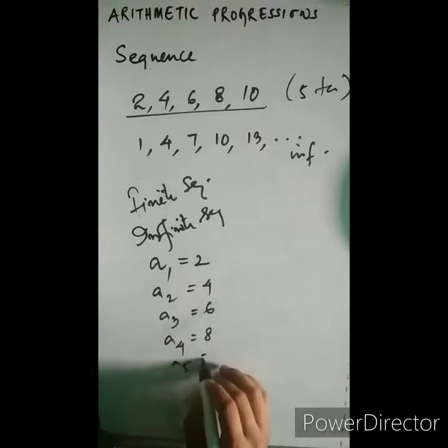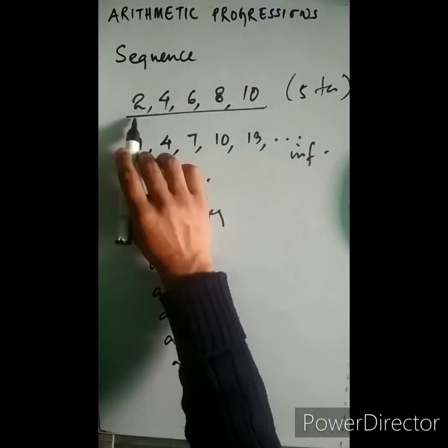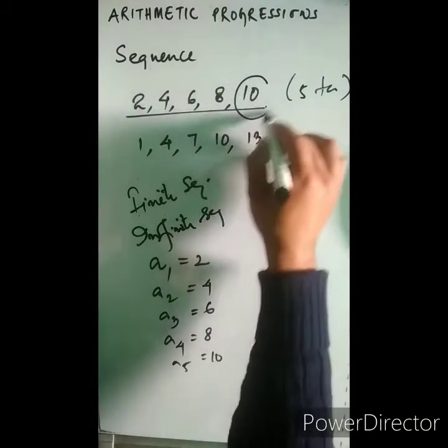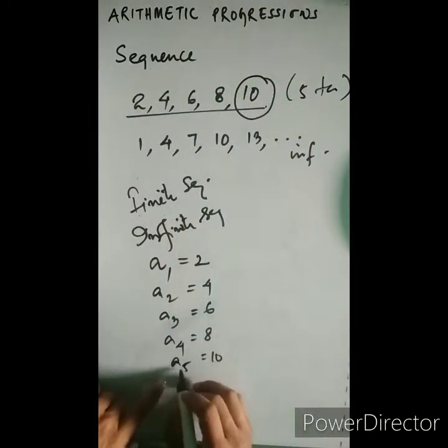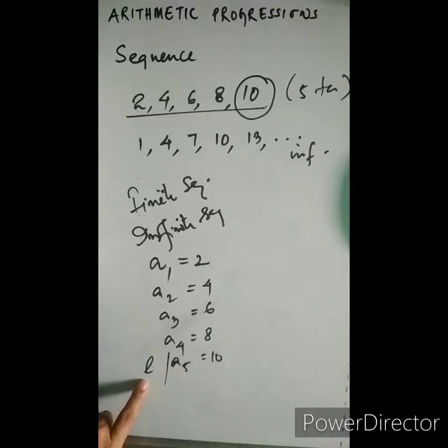Then A5 is 10. For this finite sequence, the last term is 10. So A5 becomes the last term. You can write L as well. This L stands for last term of the finite sequence. If it is infinite, we can't tell which one is the last. That's why we are not going to use L in case of the infinite sequence.